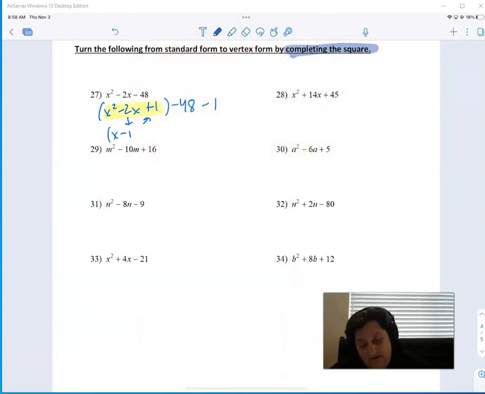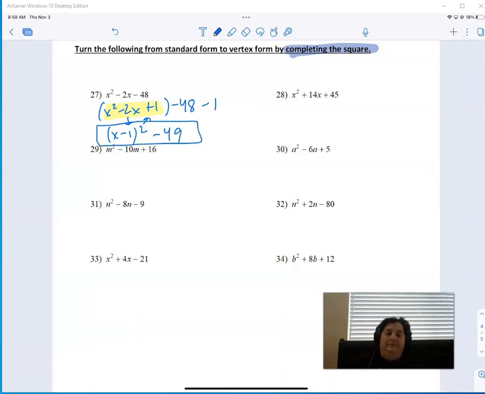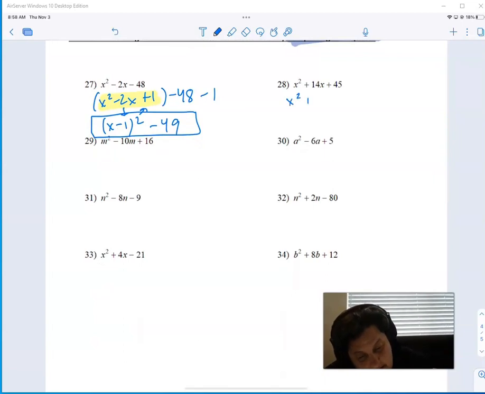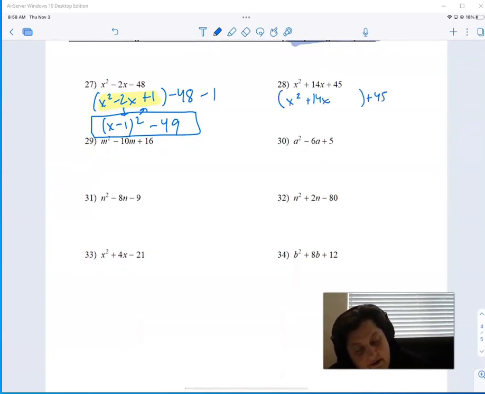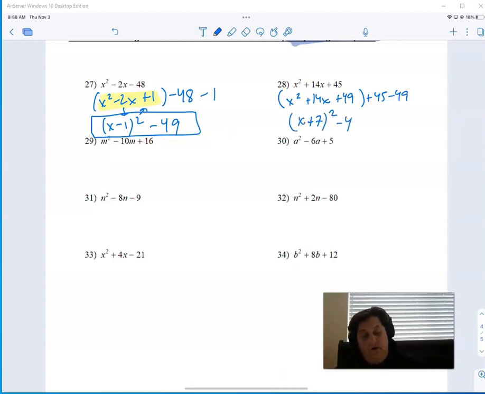And that factors to x minus 1 squared. And then negative 48 minus 1 is negative 49. Okay? I'll show you the rest of these real quick. Bring the 45 out here. Half of 14 is 7. Squared is 49. That's x plus 7 squared minus 4.